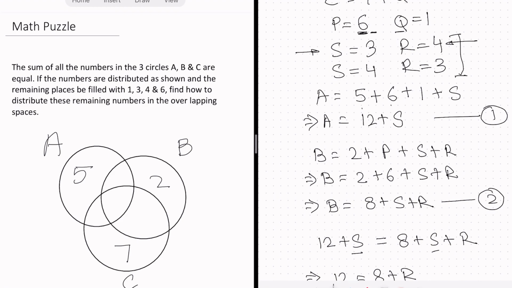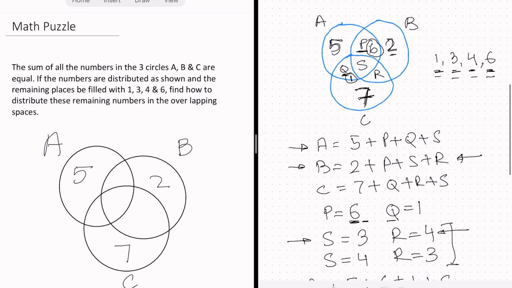Right, so let's put the numbers back here and see how it works out. S is going to be 3 and R is going to be 4. So let's find out how the numbers look.